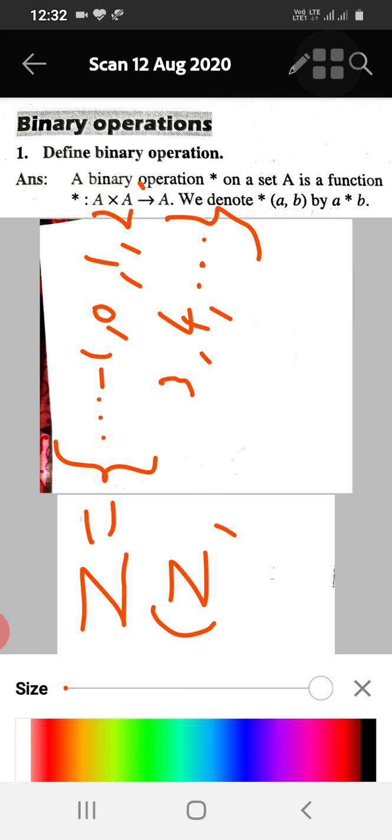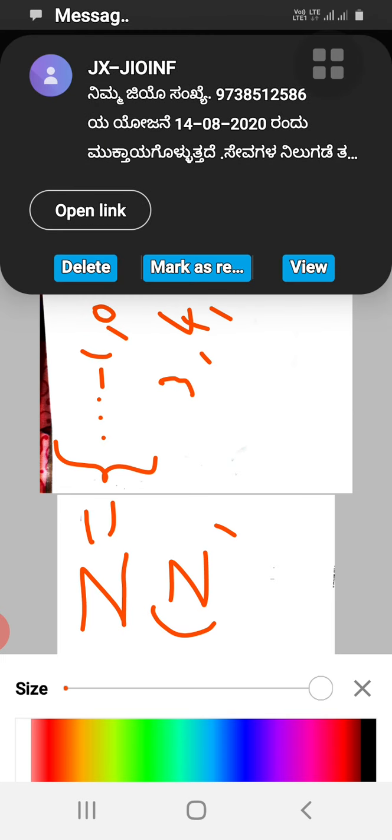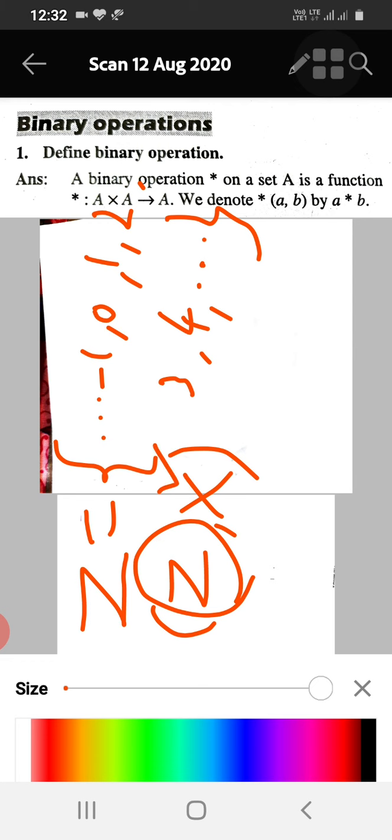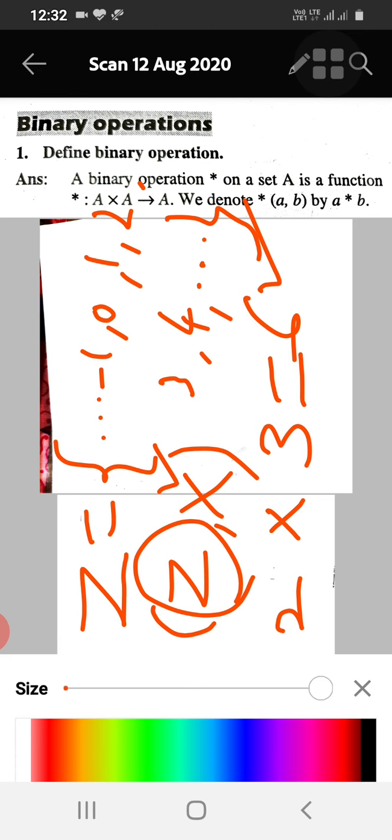Z on multiplication. That means I shall consider two integers, and I have taken the sign as multiplication. Say any two integers, 2 into another integer 3. So 2 into 3 is equal to 6. So multiplication of any two integers is once again an integer.